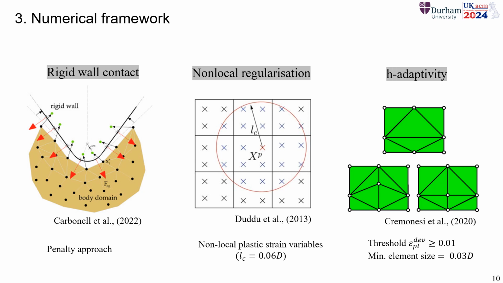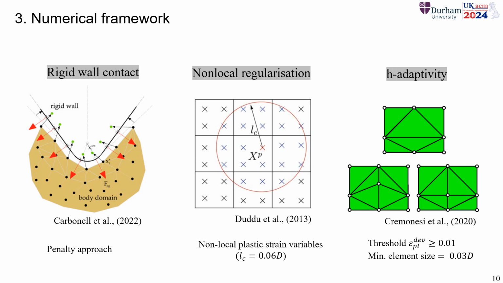Then, since the material can have significant plastic straining, non-local regularization is used to obtain a mesh independent result. And then we're using a target element distance equal to 6% of the diameter of the trapdoor.